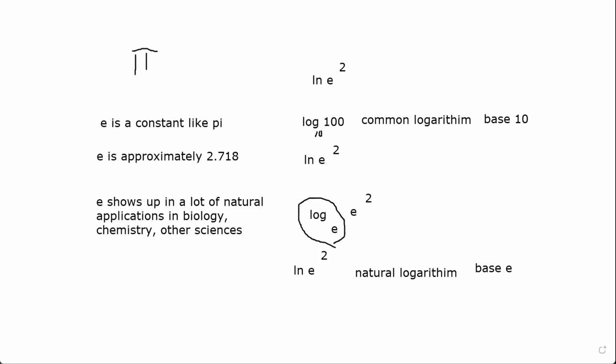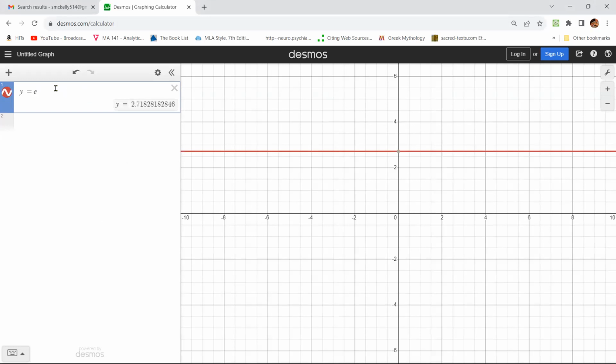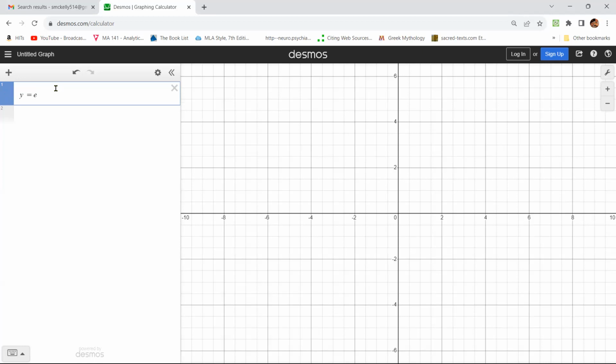This goes back to algebra again, but I'm going to share my screen. Here's my function. Let's just graph y equals e, and there's my number, 2.71828182846. Then e to the x power. The graph looks like this.